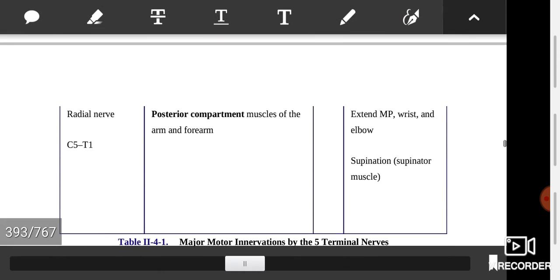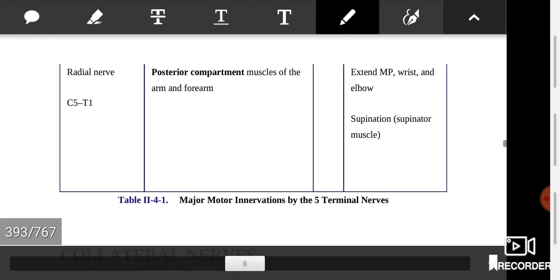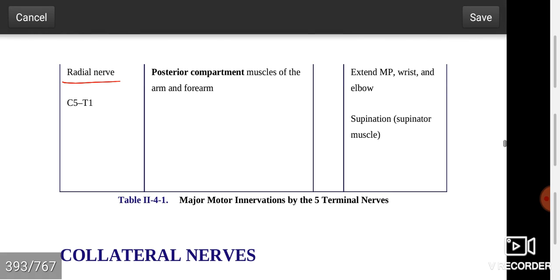The last nerve which arises from the posterior division is the radial nerve, which originates from the posterior cord, and its nerve roots are C5 through T1 ventral rami. They act as extensors, innervating the posterior compartment muscles of the arm and forearm.